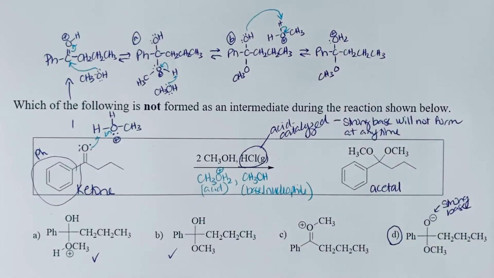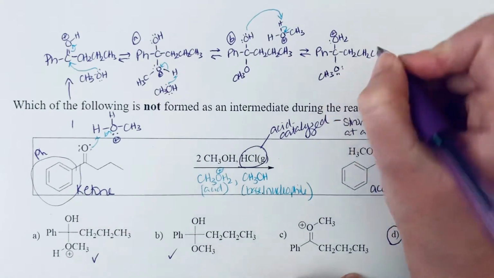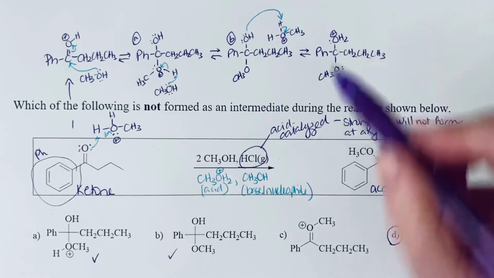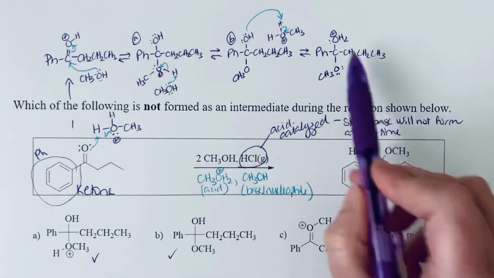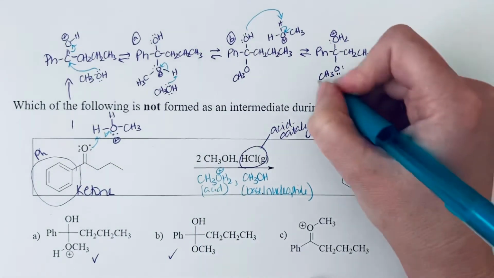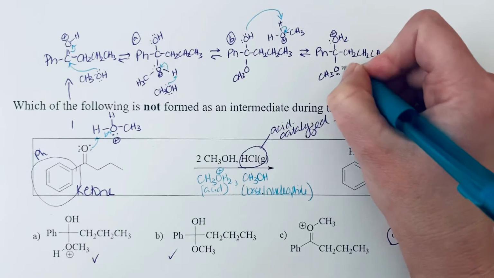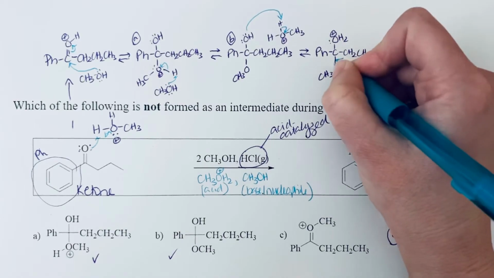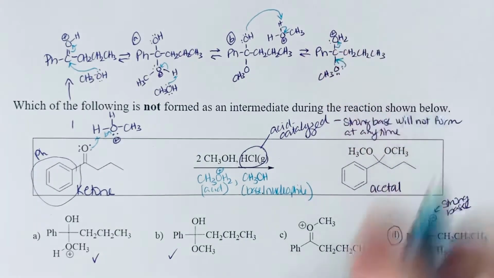And the next step we're going to see is going to look a lot like an intermediate that we saw in different carboxylic acid derivative reactions, where we saw a leaving group be kicked off of the tetrahedral intermediate. So that's what we're going to do here. So we're going to use these electrons on this methoxy group to come in and form a double bond and kick off that leaving group.